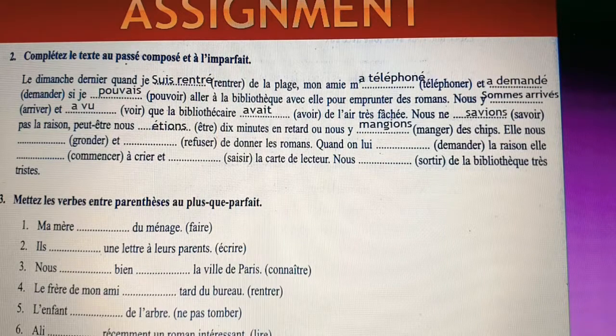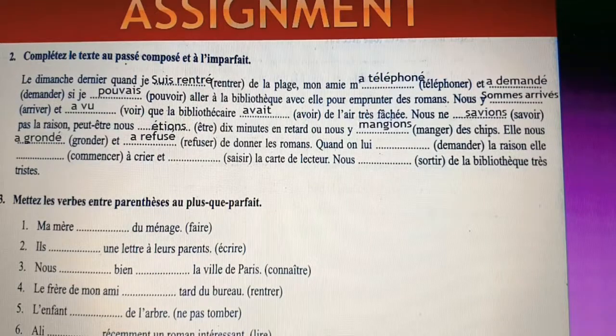Elle nous a grondé, so she scolded us. Grondé means to scold, so scolded is one time action, terminated action, so passé composé. And refused to give us the novels, so refusing was also at a particular period of time, that means a refusé, passé composé.